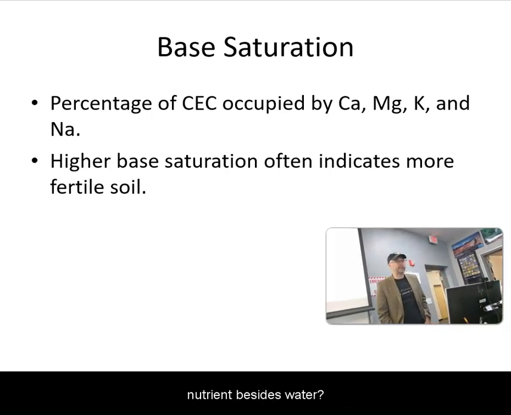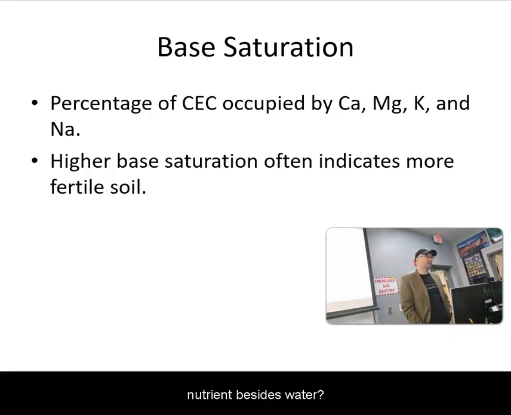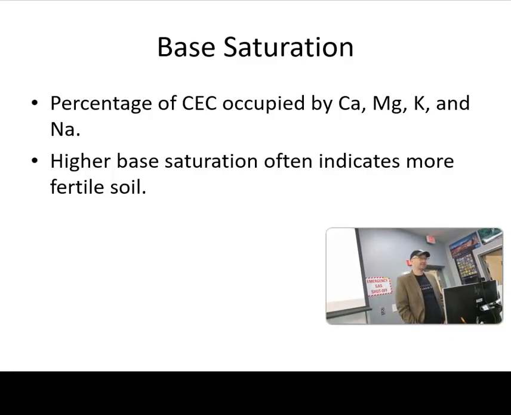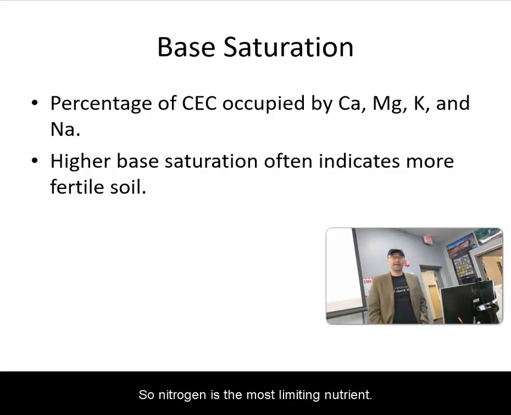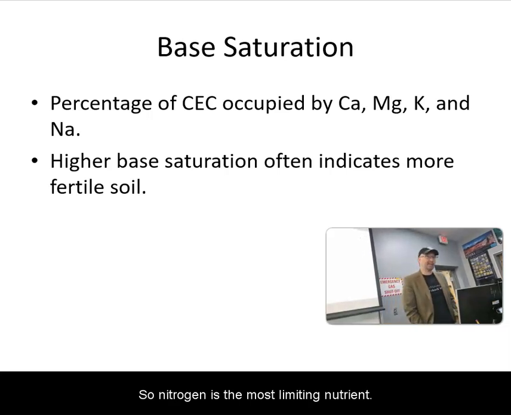So what's the most limiting nutrient besides water? Soil nutrient? N. What's N? Sodium. And A is sodium. Nitrogen. So nitrogen is the most limiting nutrient.